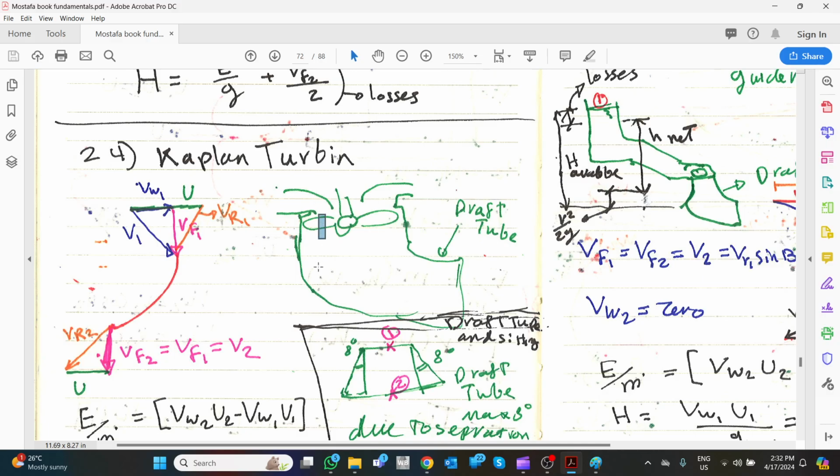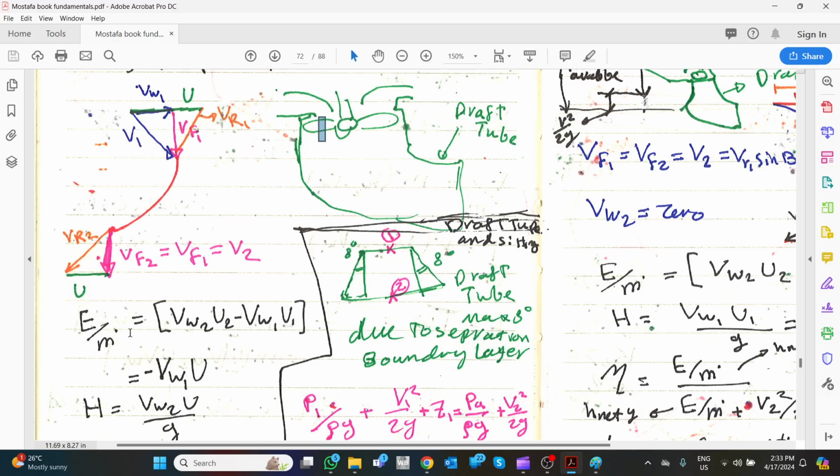Of course Vf1 equals Vf2, and because Vf1 is vertical, I know that this Vf1 is the vertical component of V, so this is the whirling velocity. I know that u is in this direction, and the relative velocity will be like this. So this plate will be like this. Okay.